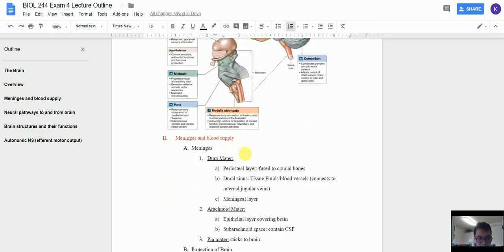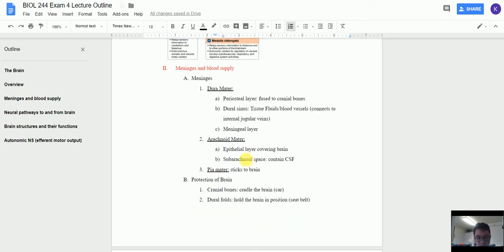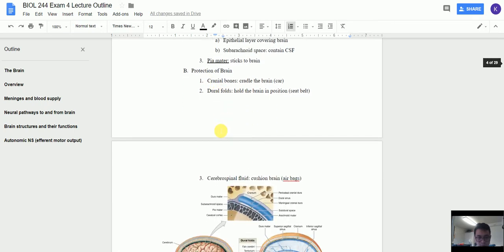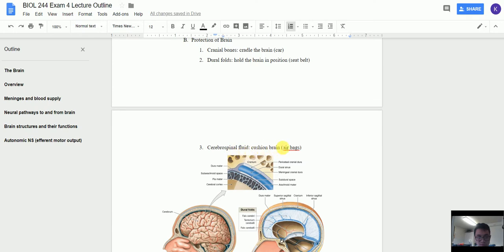And the different types of meninges. Not too important for this exam though. Cerebrospinal fluid is, I think, very important for this exam.